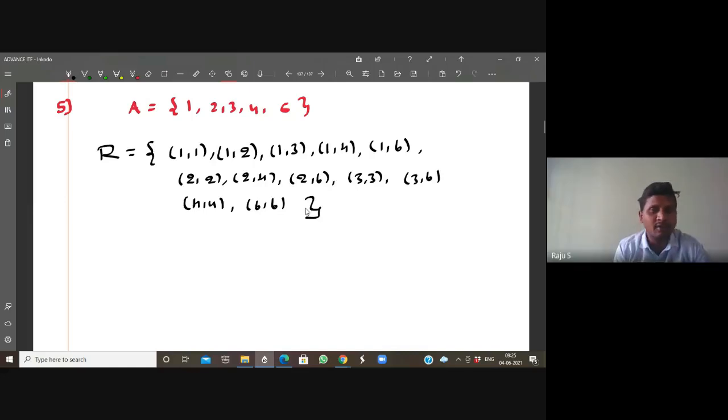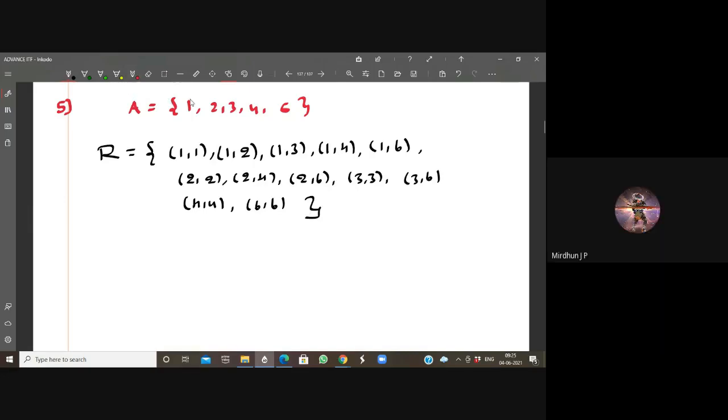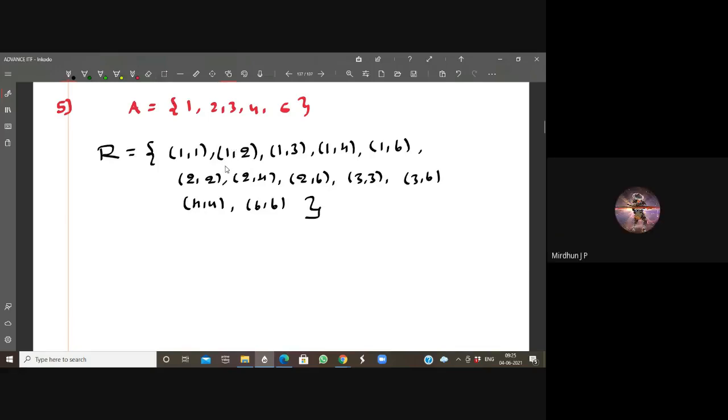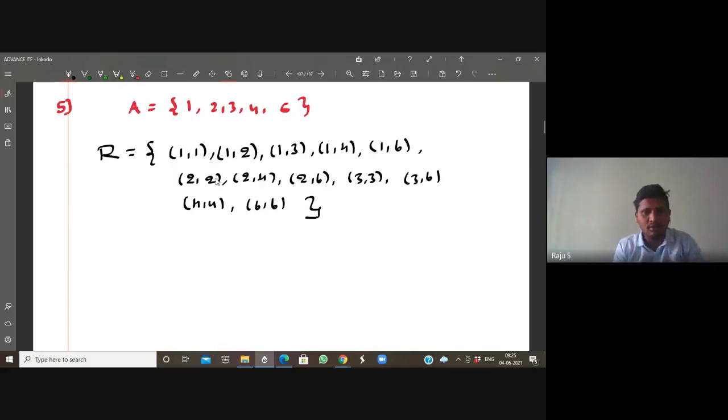Any other possible ordered pairs? No, sir. Totally 12 should be there, and we got 12. We should write all the ordered pairs. Now this is in roster form.